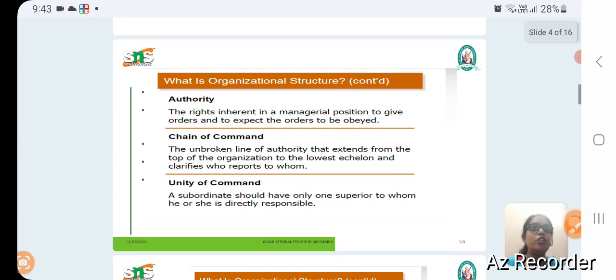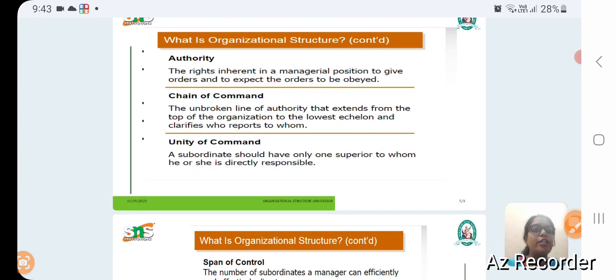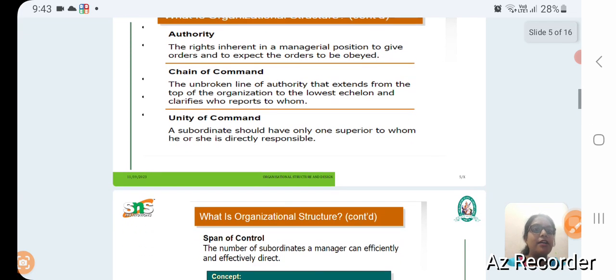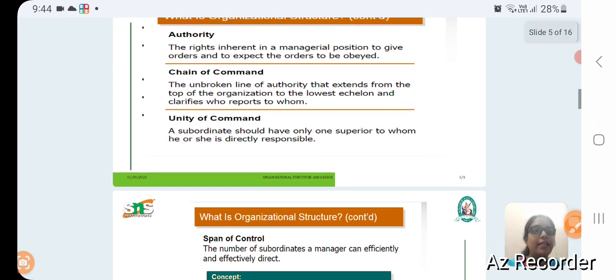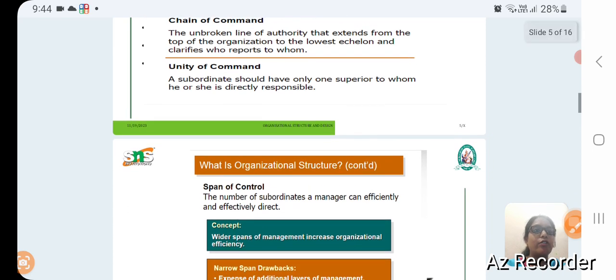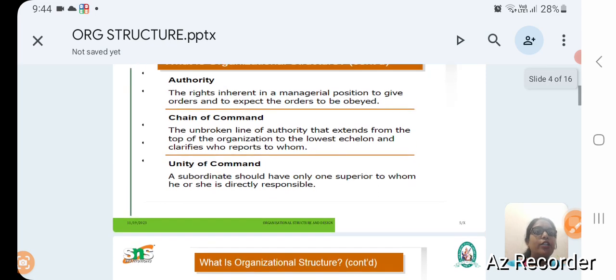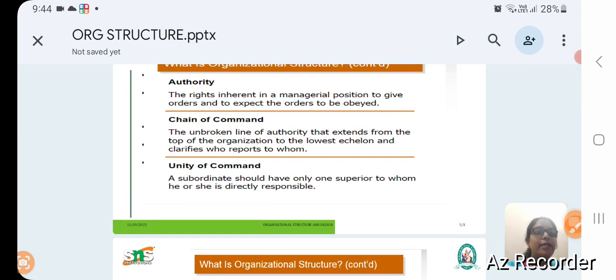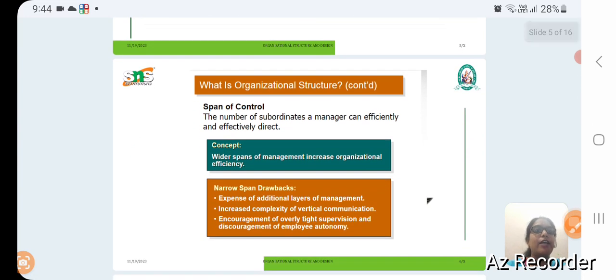Next is unity of command. Unity of command is that a subordinate should have only one supervisor to whom he or she is directly responsible. It is self-explanatory. We should not go to a higher authority without the knowledge of our own immediate supervisor. Next is span of control.